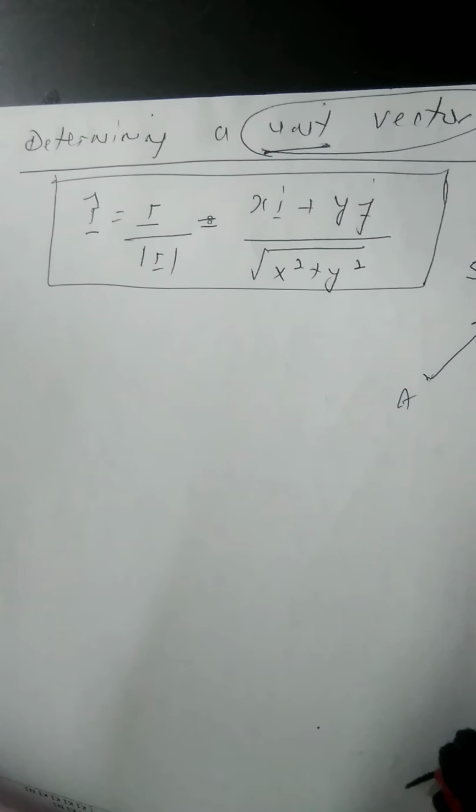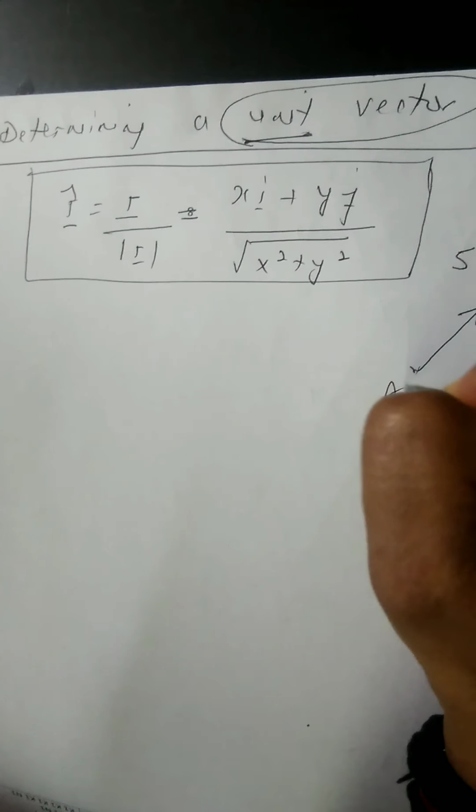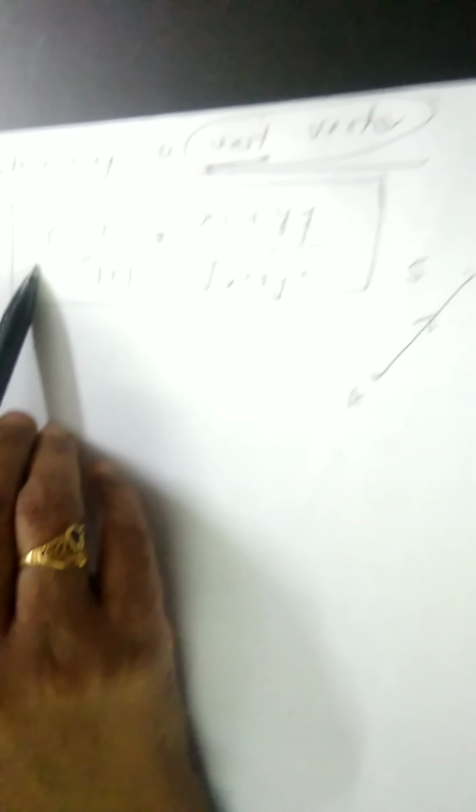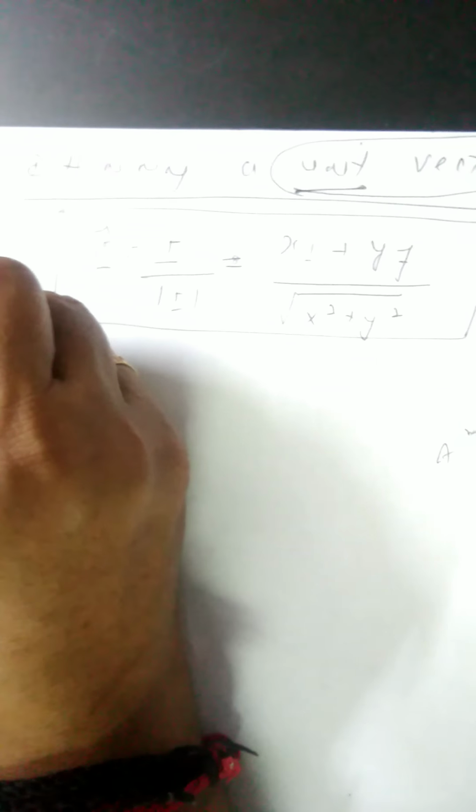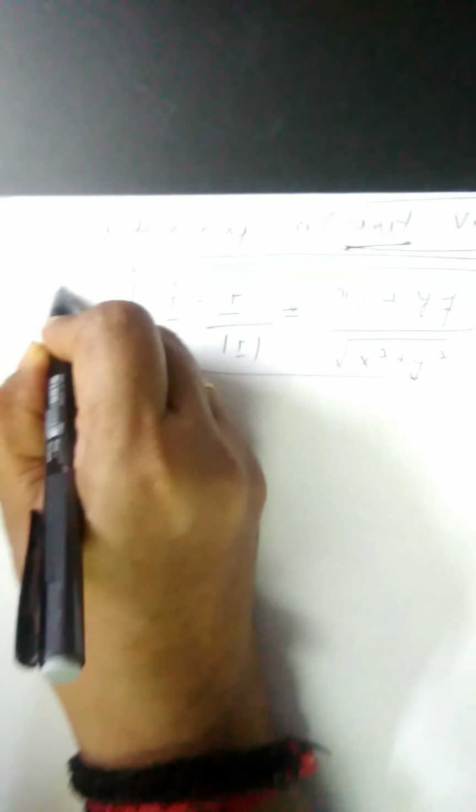Vector AB is 5 units, which is what we calculated previously. So a unit of this vector, meaning one portion of the entire vector, is represented by the symbol R with a cap on it. When you see this, it means a unit vector, one unit of the particular vector.